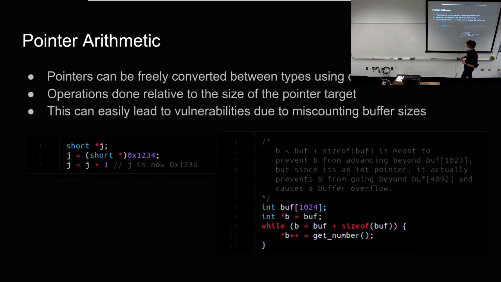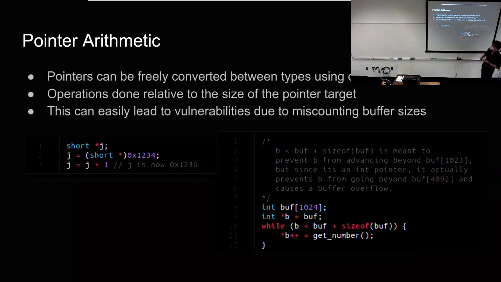You're saying buff, not b, but buff is a pointer because you've declared an array. B is a pointer to buff. So you're saying because you have a pointer on the left side of the less than sign? Pretty much just because of this addition here. This should move on until 4096, which is 1024 times 4.